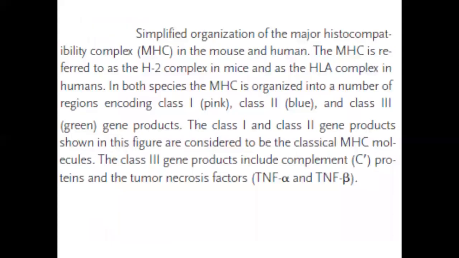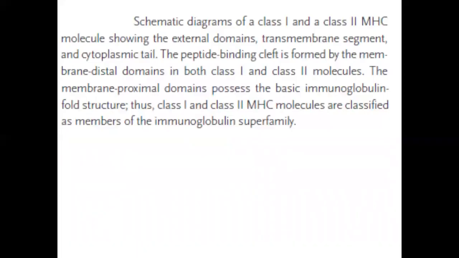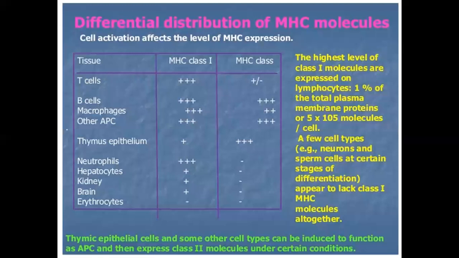This is the structure of the MHC molecule, which I've already explained in the last unit. Next, differential distribution of MHC molecules: mostly they are present in the lymphocytes. The positive sign indicates the presence of these molecules in the lymphocytes.